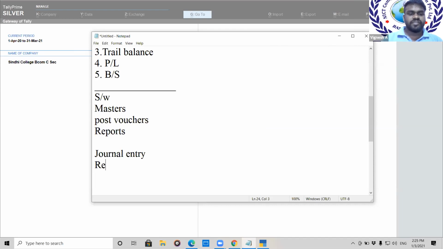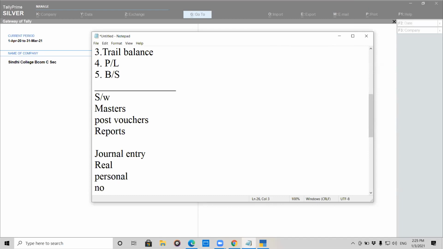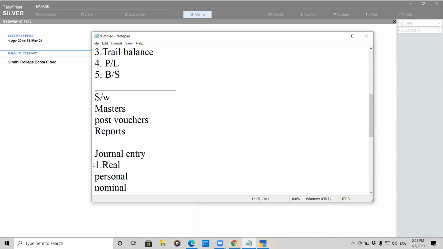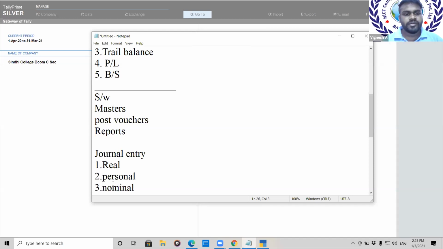Okay, remember: real, personal, then nominal. Sir, debit what comes in, credit what goes out. And that is for which rule? Real account, sir. Very good. Debit what comes in, credit what goes out is for the real account.